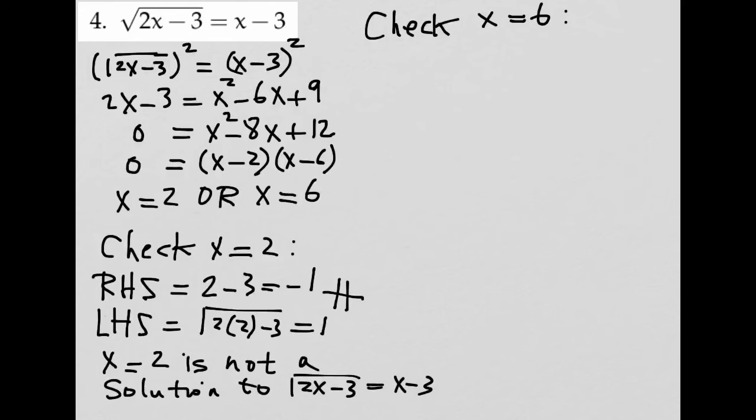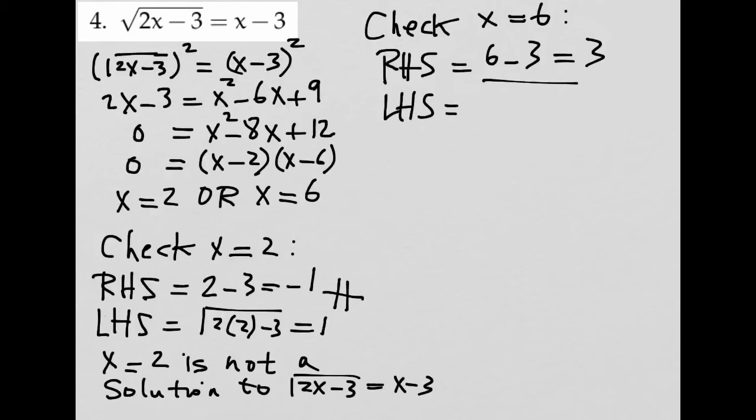If we plug in x equals 6 on the right-hand side, we see that x minus 3 is 6 minus 3, which is 3. If we plug in x equals 6 in the left-hand side of our original equation, we get square root of 2 times 6 minus 3.